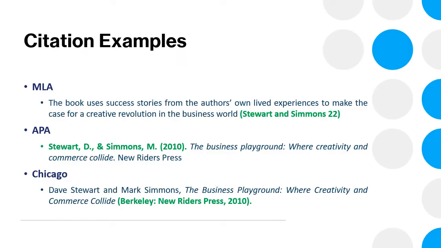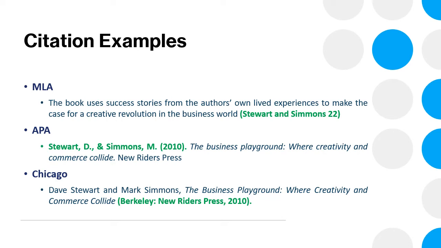For example, here we have three citation styles which are popular among researchers: MLA, APA, and Chicago. If I am citing a particular book under MLA citation, you can see in the green, the book uses success stories from the author's own lived experience to make the case of a creative revolution in the business world.